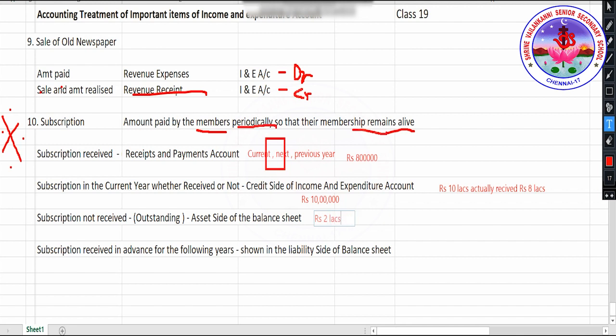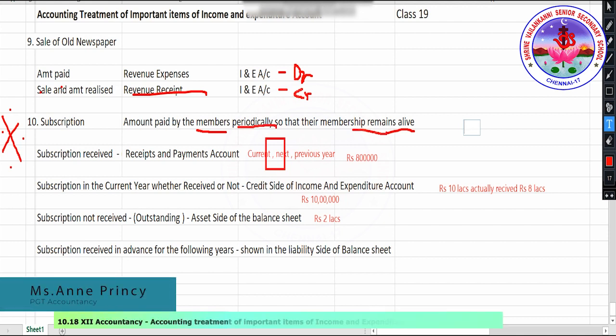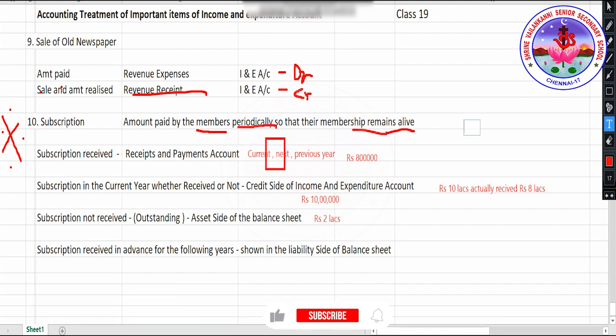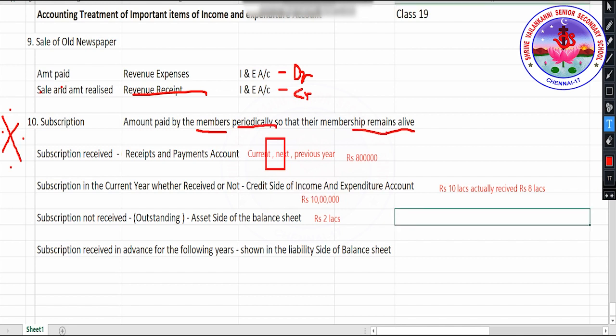I hope you are able to understand this transaction. Rupees 10 lakhs is what we are supposed to receive, so it should be shown under the income and expenditure account, where subscription is an income because the member is paying to the organization. You will account for it in the income and expenditure account.